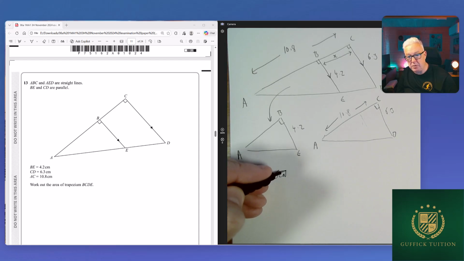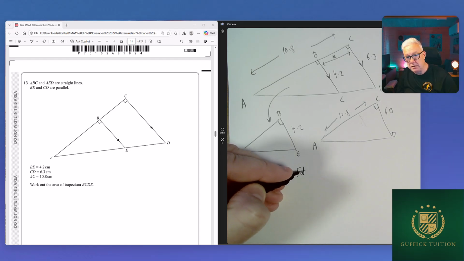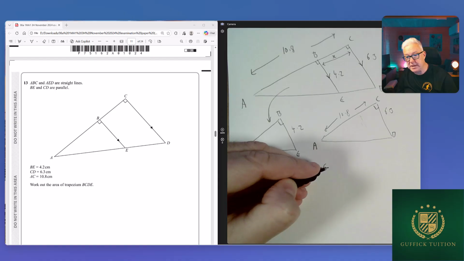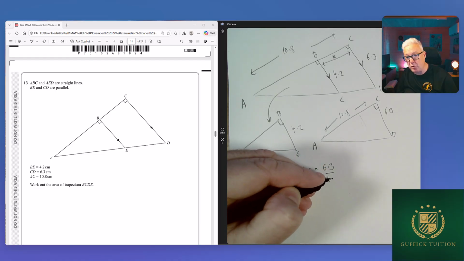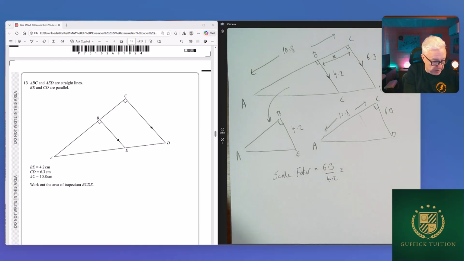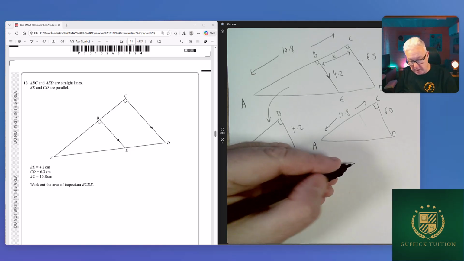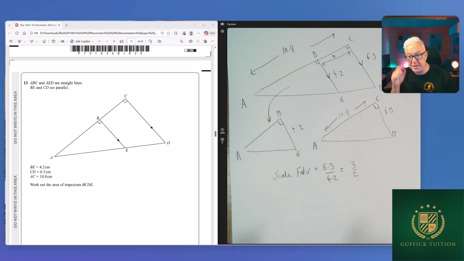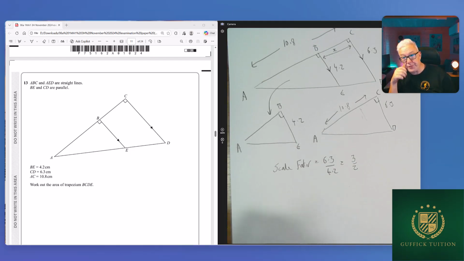The scale factor is going to be 6.3 divided by 4.2. Let's see what that gives us. 6.3 divided by 4.2 is, oh, that's really nice, 3/2. That is our scale factor of enlargement.